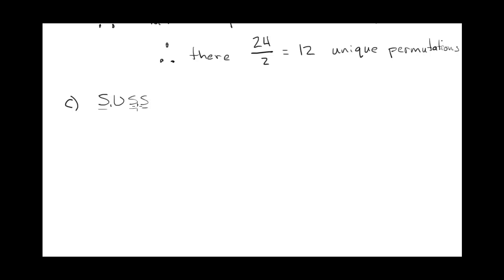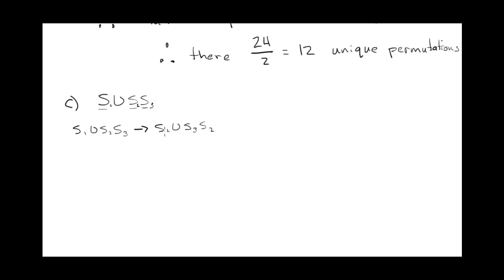So again, let's number these S's. So let's say S1, U, S2, S3. So that's one permutation. But that's going to be the same as the permutation, let's say S1, U, S3, S2.